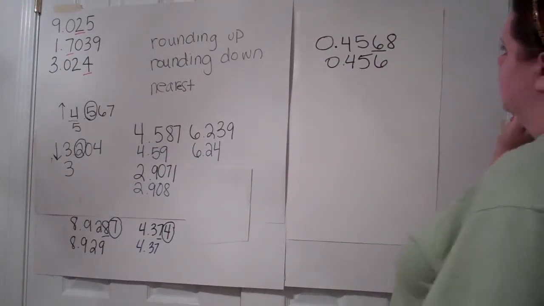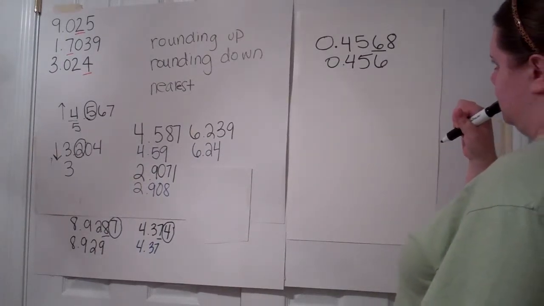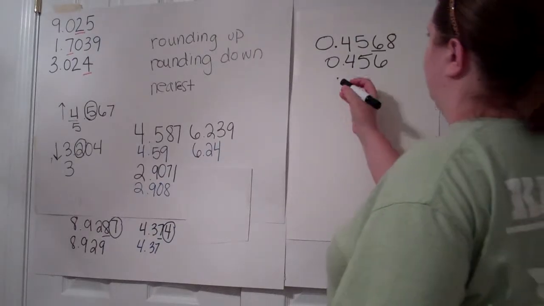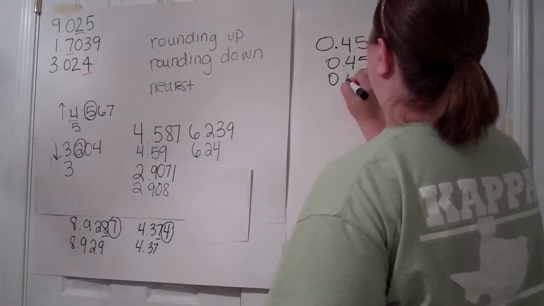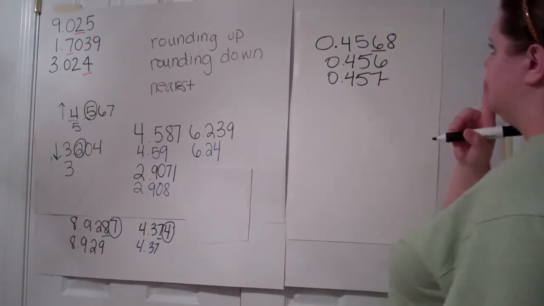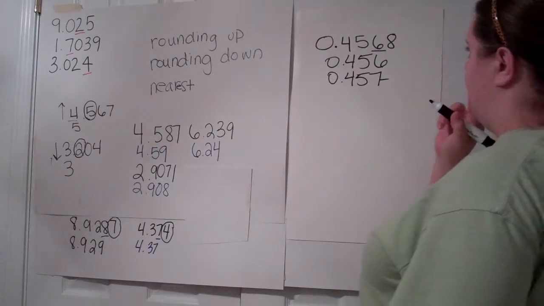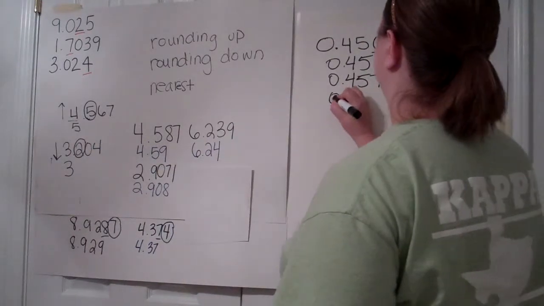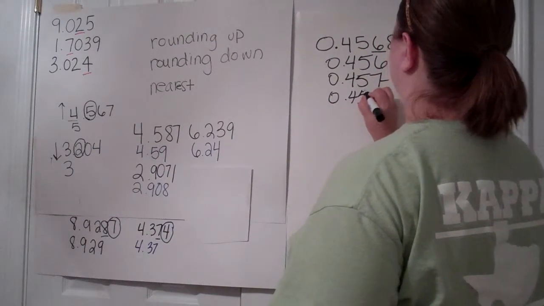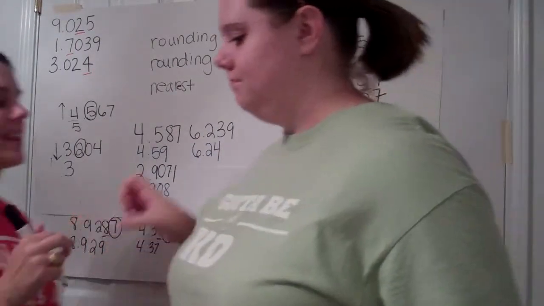Good job. Okay, can you round up to the next thousandth? 0.457. Good job. Okay, can you round to the nearest thousandth? That'd be the same, 0.457. Good job. Okay, thank you.